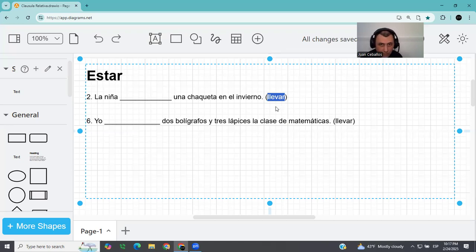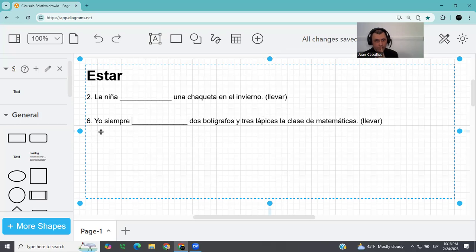Okay, so I'm sorry. In the book, it says that you can use the same verb more than once. So you can use llevar in these two cases. So if you are a student, try to solve this one. Yo llevo dos bolígrafos. Now the thing here is that this sentence would be better if you add siempre. So in other words, in English this will be: I always take. Without this word, it would be I take 2 pens and 3 pencils to math class.